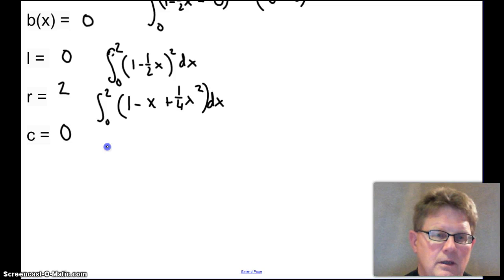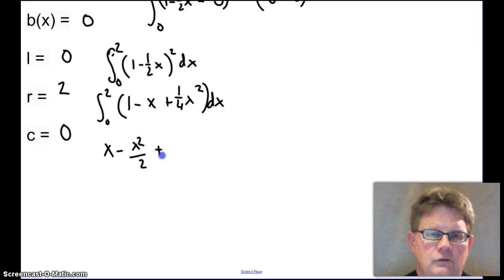So that would be x minus x squared over 2 plus, let's see here, 1/12 x cubed, evaluated at 2 and 0.